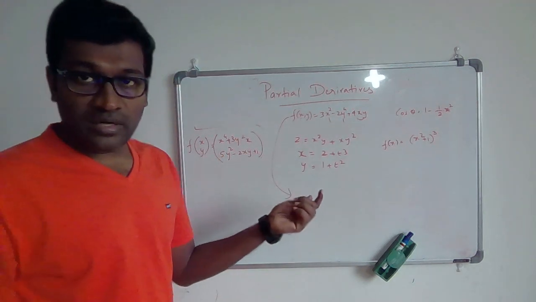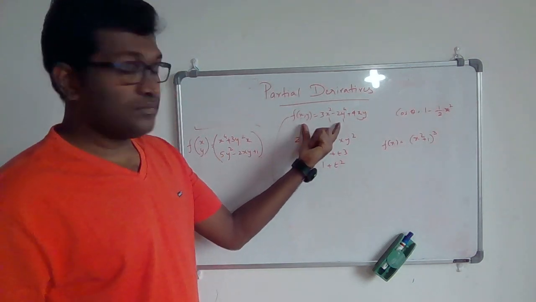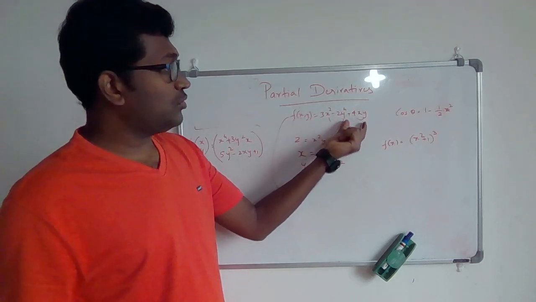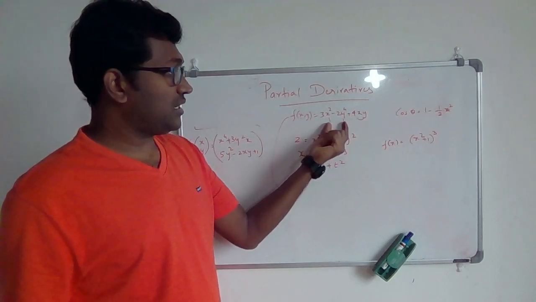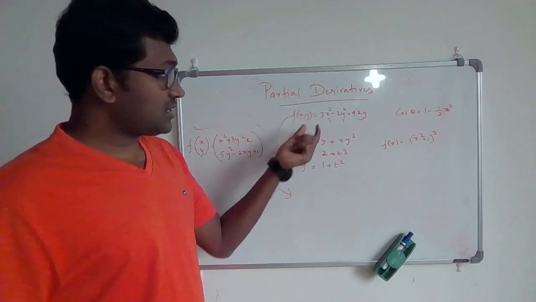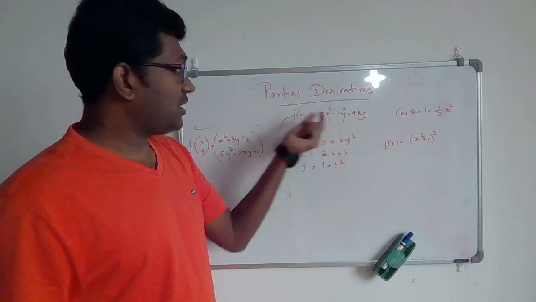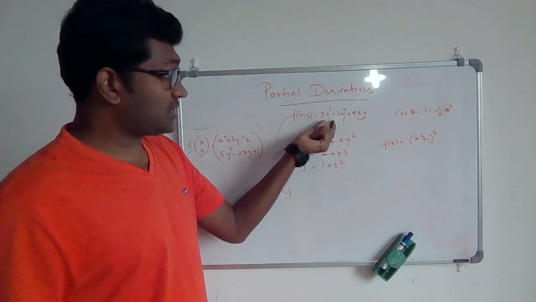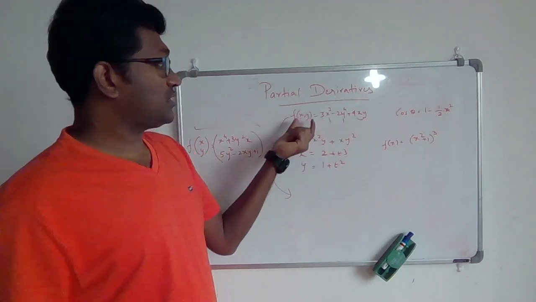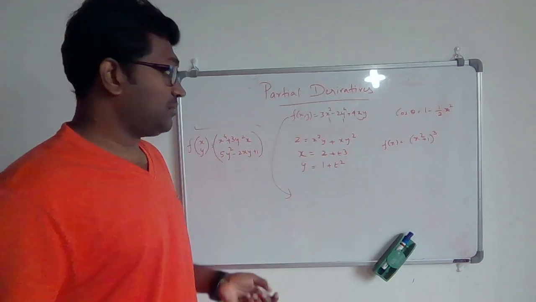So this is called multivariable, where the output of the function depends upon two variables, x and y. Any change to x will impact this function f of x y, and any change to y will impact this function f of x y. So there are two variables.